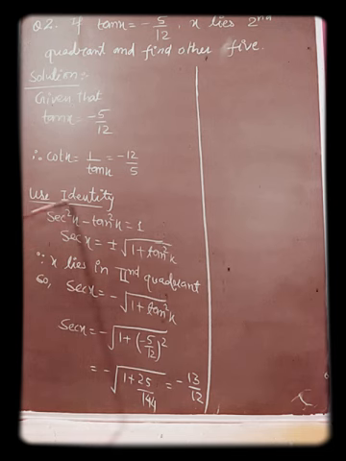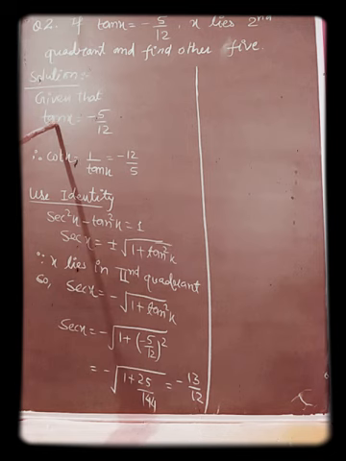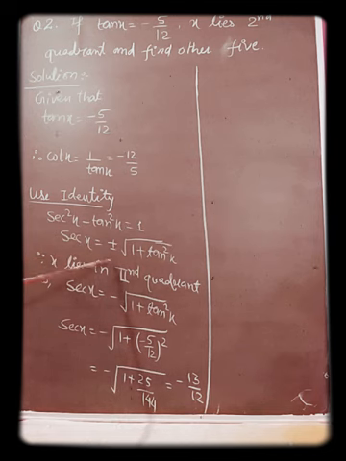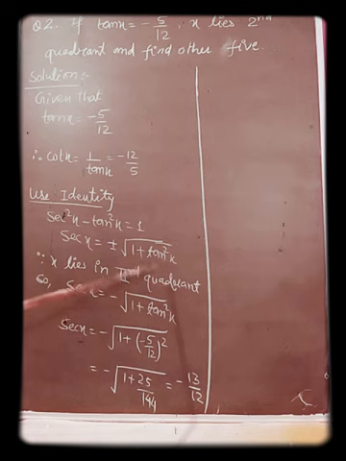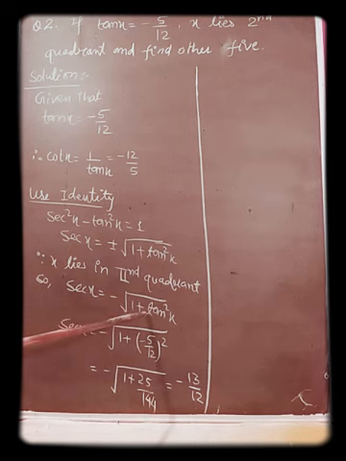We use the identity sec square x minus tan square x equal to 1. Because we have tan x, we need to find sec x. So plus minus root under 1 plus tan square x. Since x lies in the second quadrant, sec of x equal to minus root under 1 plus tan square x.